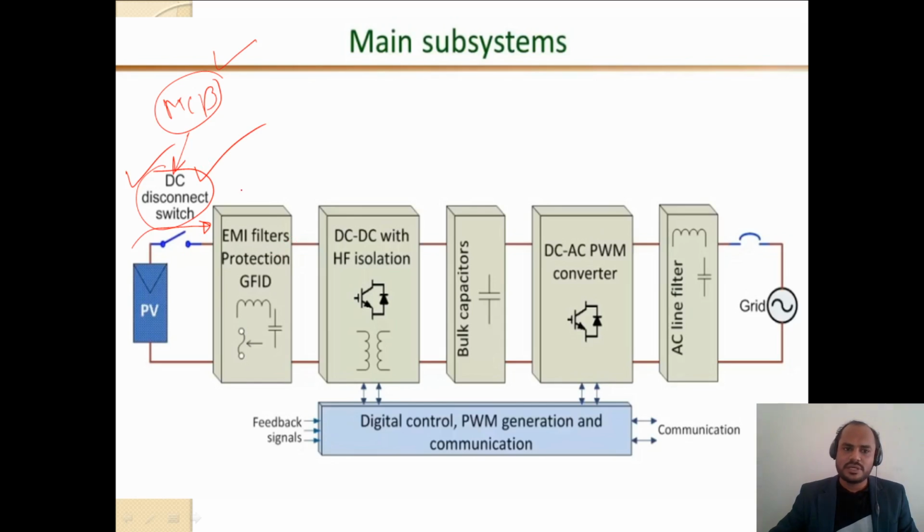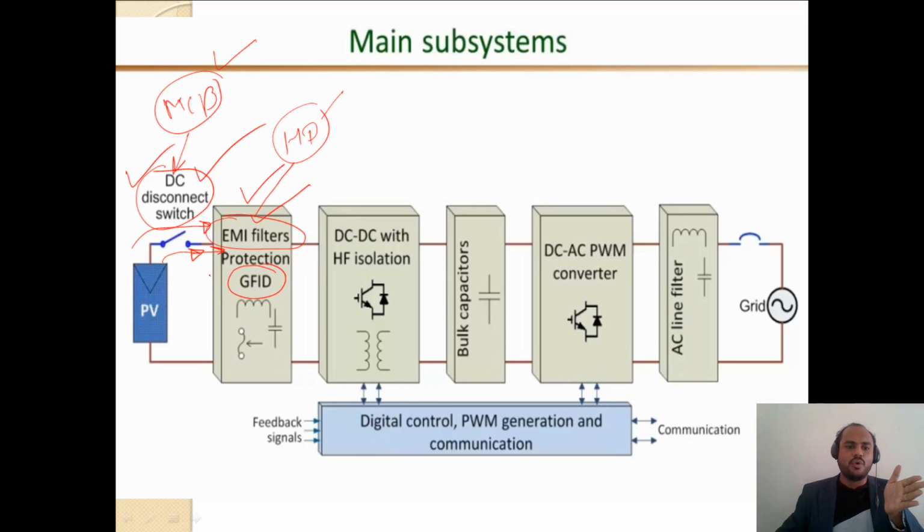Basically, the first step when the power is going to the inverter, it passes through the EMI filters. Whatever higher harmonic distortions are there, they are removed by the EMI filters that we are using. Again, due to lightning or over voltage coming from the solar panel, a ground fault interruption device has been fitted over here.